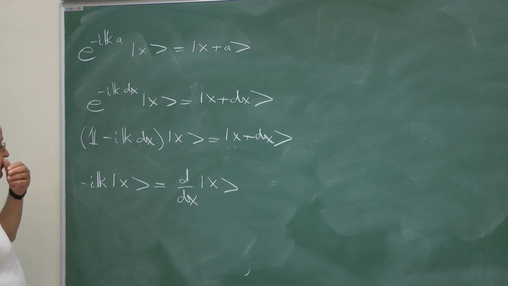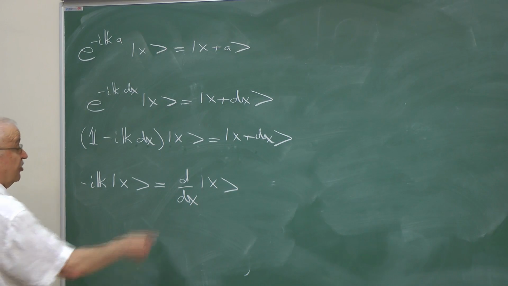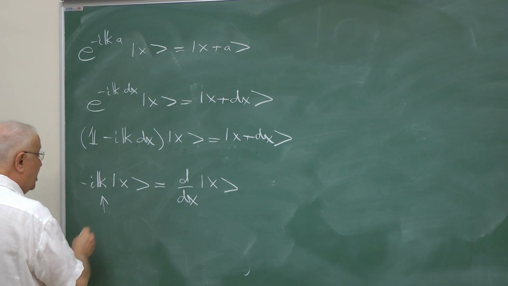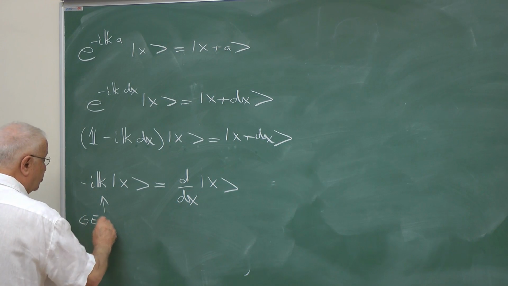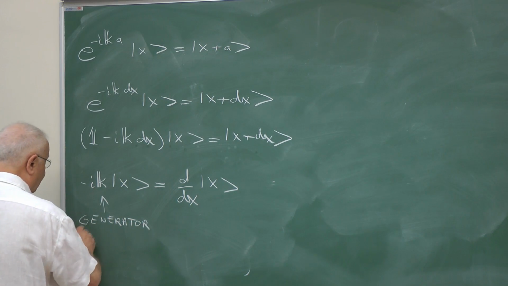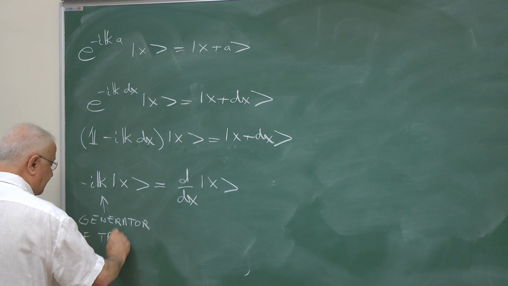So I have this very nice relationship which ties the derivative operation to the K operator, which is called the generator of translations.